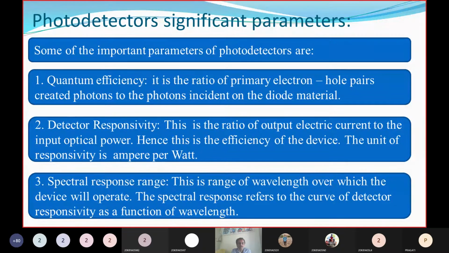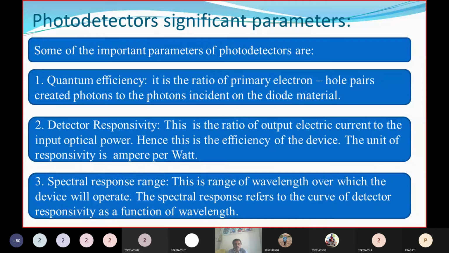Okay, and next one, detector responsivity. This is the ratio of output electric current to the input optical power. Hence this is the efficiency of the device. The unit of responsivity is ampere per watt.